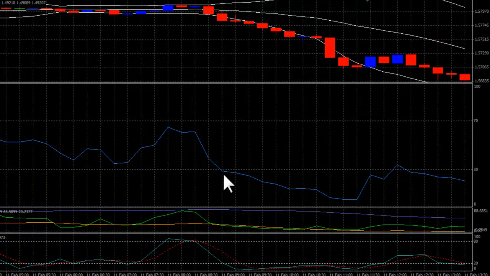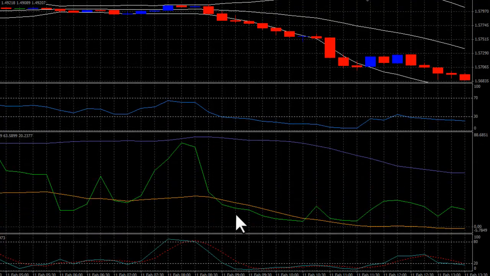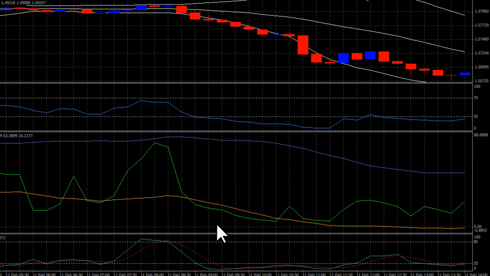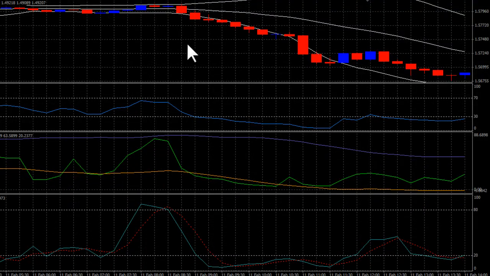Look, this first one isn't, but the second one here is actually registered as being in the zone, and it's in the zone here. Not on this one. What I would suggest is that when you've got really small candles like this, tread with caution, because it's not moving fast enough.